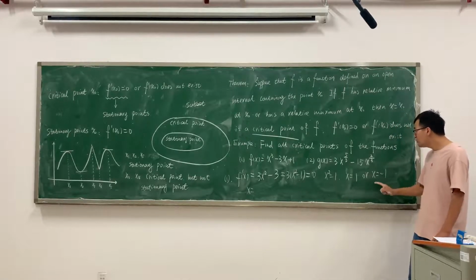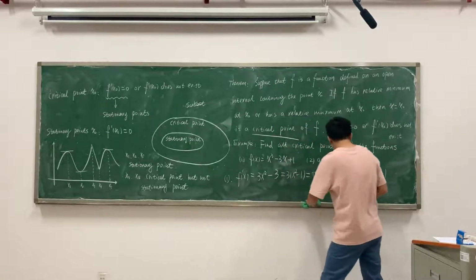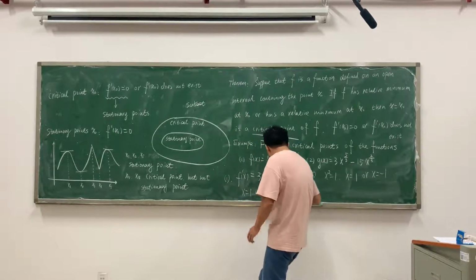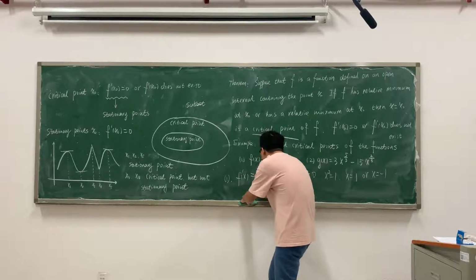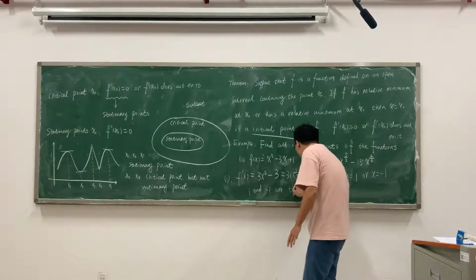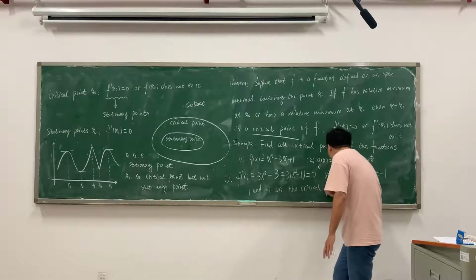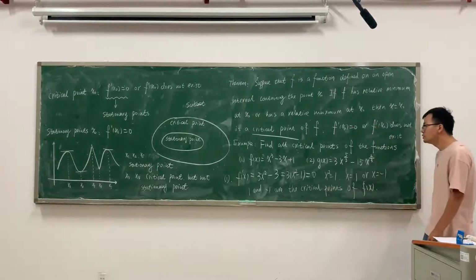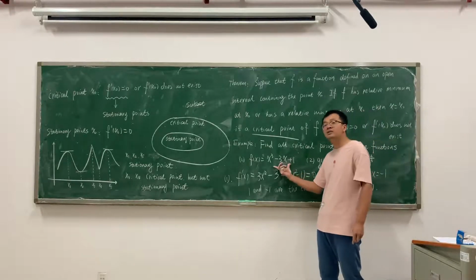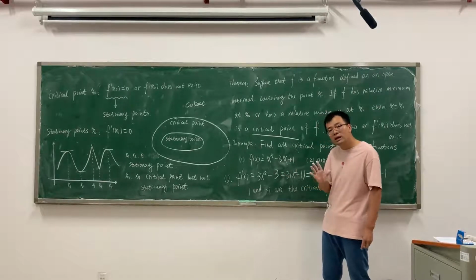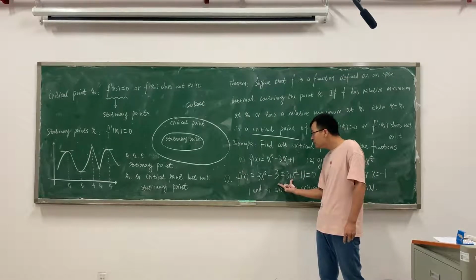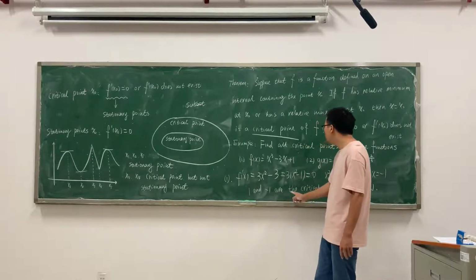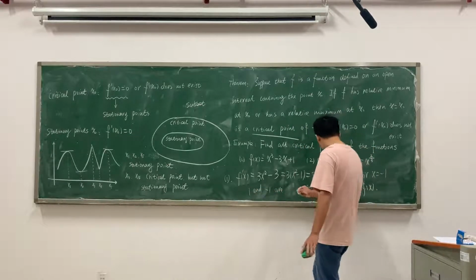So 1 and minus 1 are the critical points of f(x). This function is differentiable, so we do not have points where the derivative does not exist. So 1 and minus 1 are all the critical points of f(x).